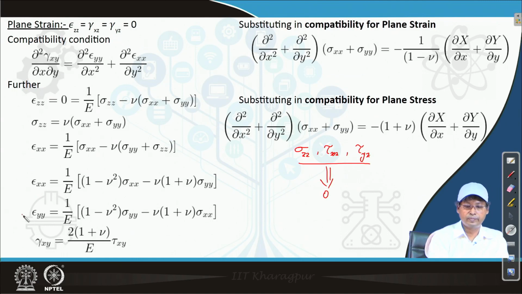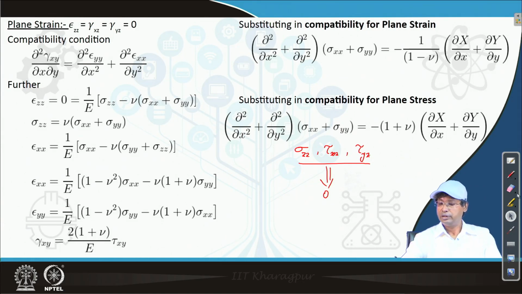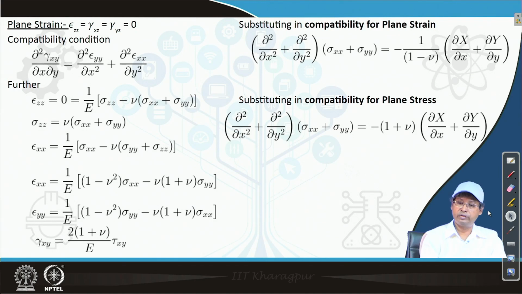So, I repeat what is done: epsilon z is equal to 0, and epsilon x x, epsilon y y and epsilon z z, all these terms are put back in these equations. Then we do a little modification of the equation and find the equations for compatibility in terms of stress in plane strain condition.